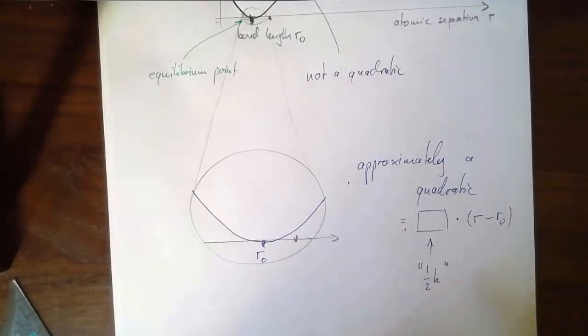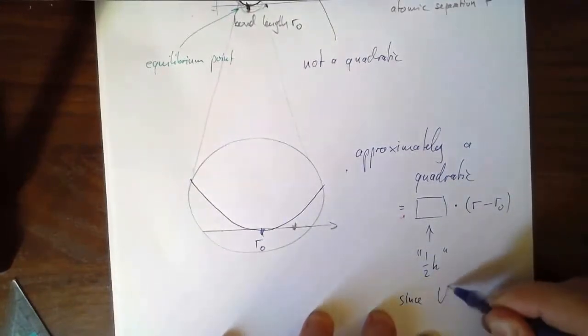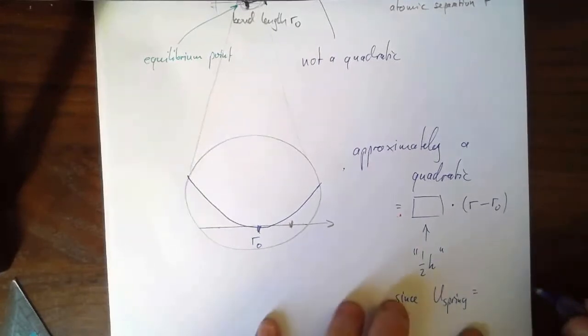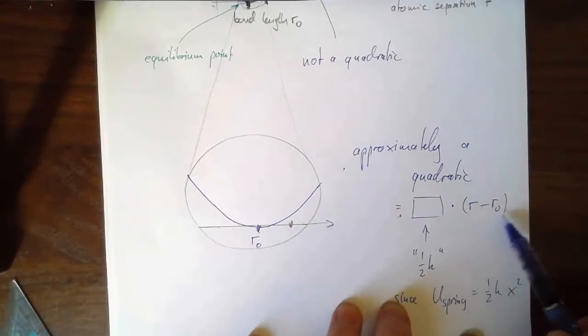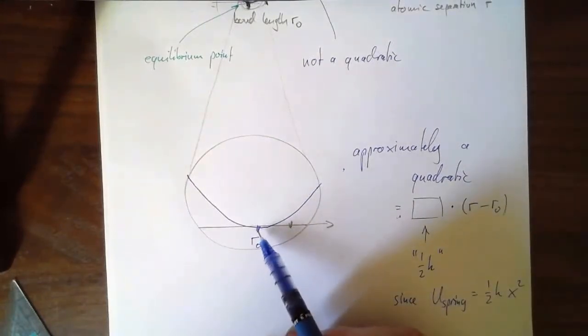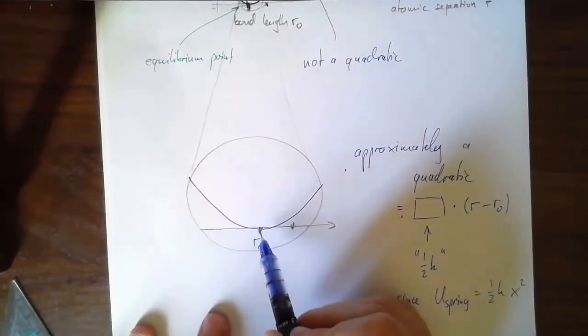Because in a spring, the potential energy U is 1/2 kx squared, and my x, of course, is the distance from that minimum. So at this point, it fulfills the same requirement that we observed at the very beginning of this lecture.